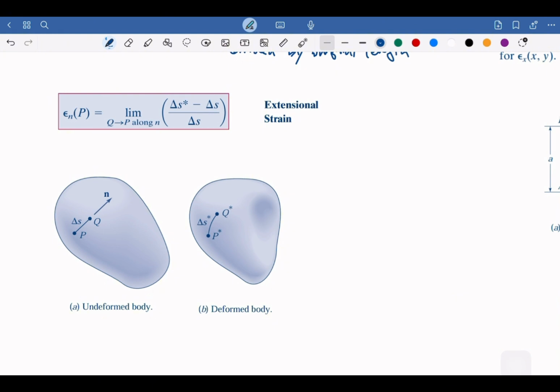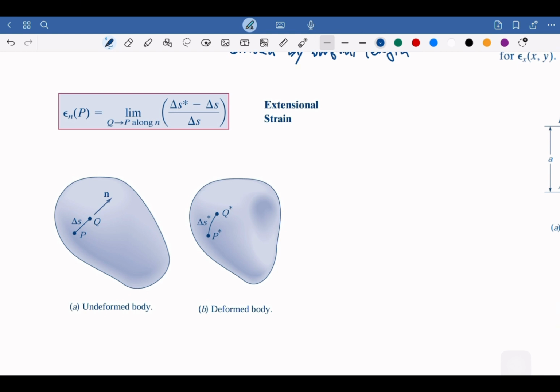We start to look at the point P, and then in the direction n, we take some infinitesimally small line segment of the length delta s. So in between PQ, we have the delta s in direction n.